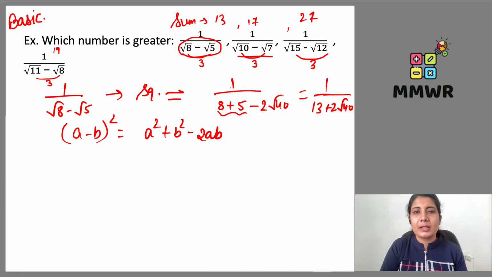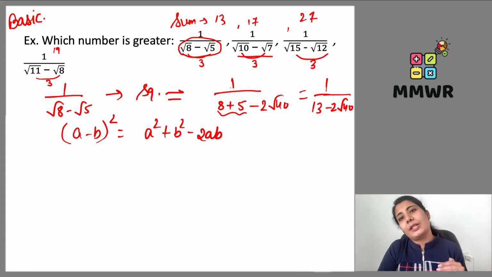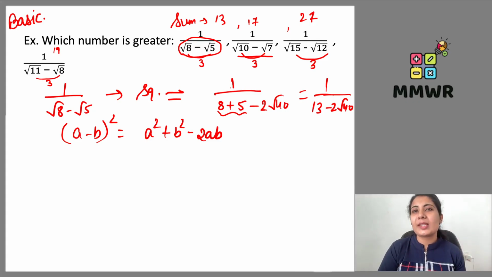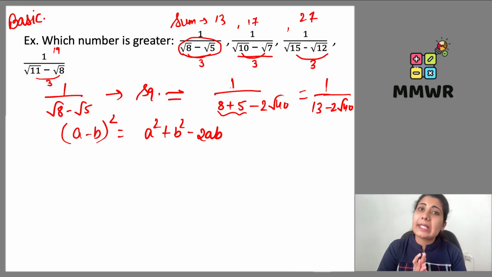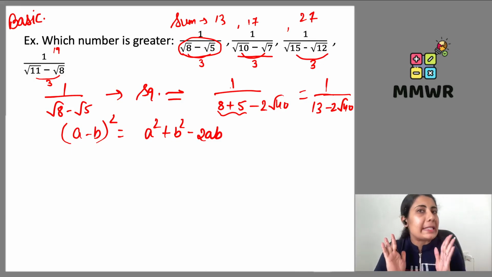By mistake I wrote this. So subtraction, 1 upon 13 minus 2 root 40. First one. Second one will be 1 upon 17 minus 2 root 70. Third one is going to be 1 upon 27 minus 2 root 15 multiply 12, whatsoever we will be getting. And the last one will be 1 upon 19 minus 2 root 88.